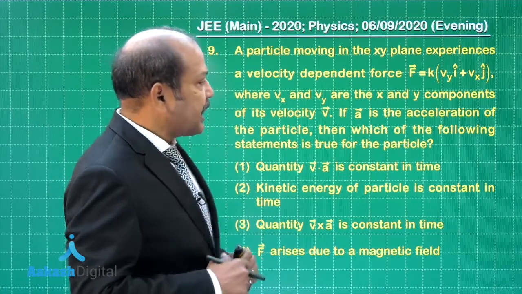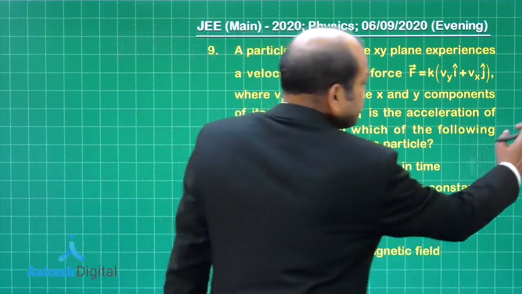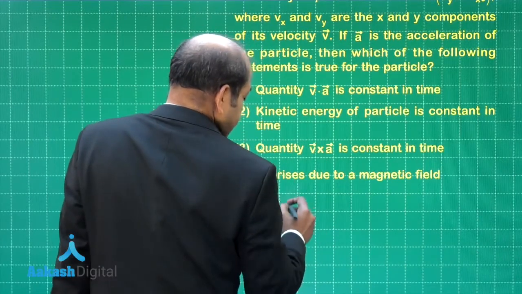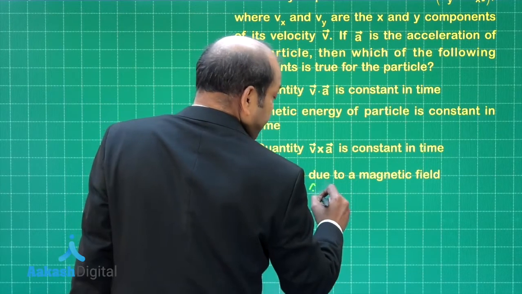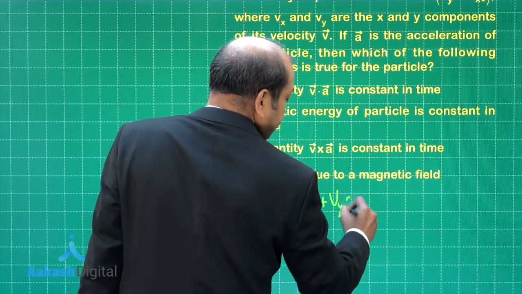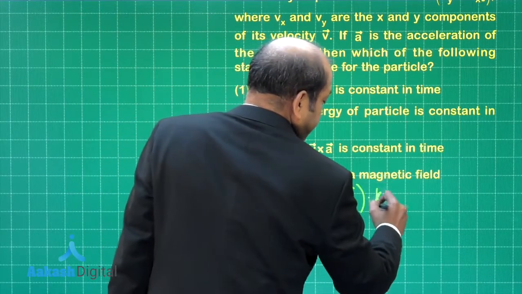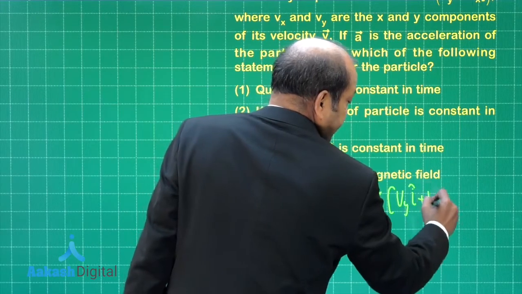The velocity of the particle is Vx I cap plus Vy j cap. So, if we look at V dot A, what are we going to get? V dot A will be Vx I cap plus Vy j cap dot k divided by m into Vy I cap plus Vx j cap.